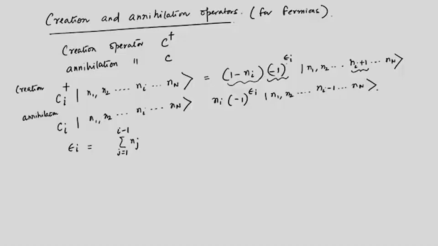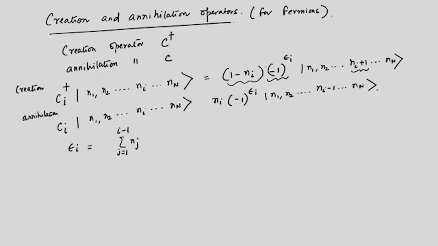And very importantly, if you make two of the rows or two of the columns identical, then the determinant is equal to 0, which is related to Pauli's exclusion principle, which says that no two particles will be allowed to occupy the same quantum state, with all their quantum numbers identical. Okay, at this moment we are not talking about spins, but if they have different spins, then they can occupy.